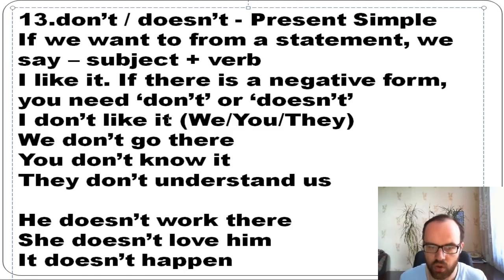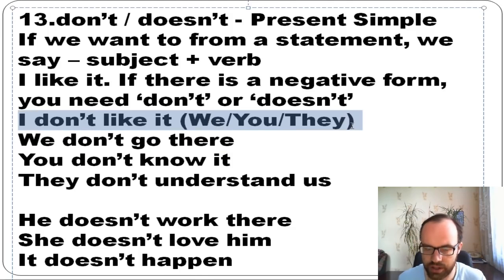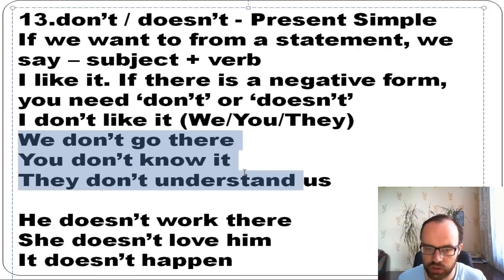Okay, so when do we use don't? With I, we, you, they. For example, I don't like it. We don't like it. You don't like it. They don't like it. We don't go there. You don't know it.